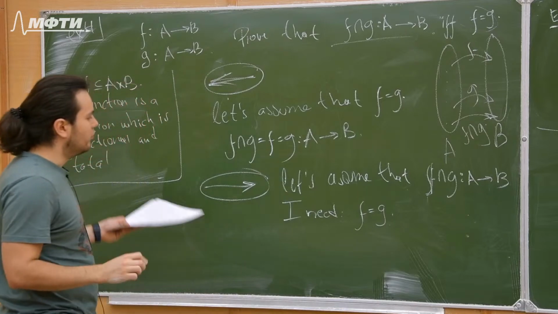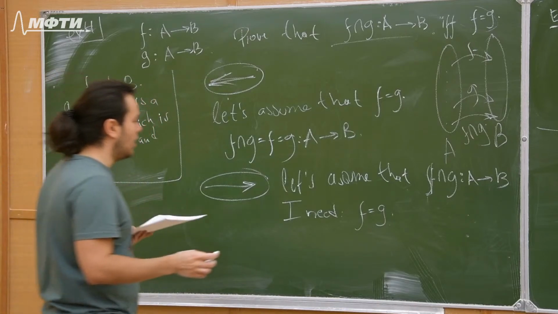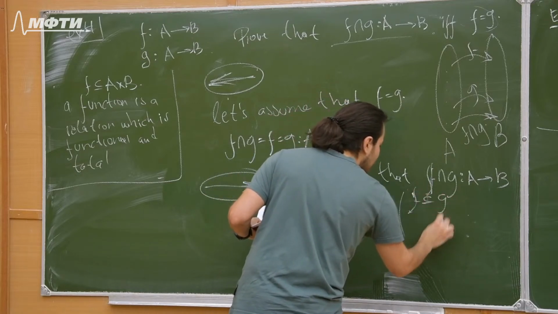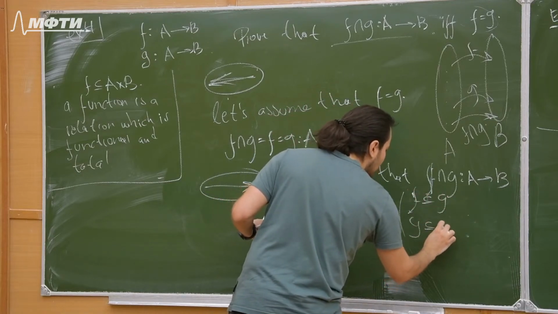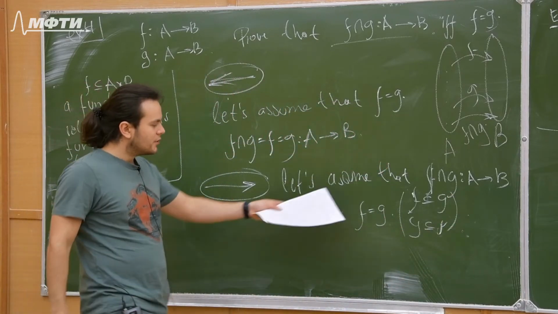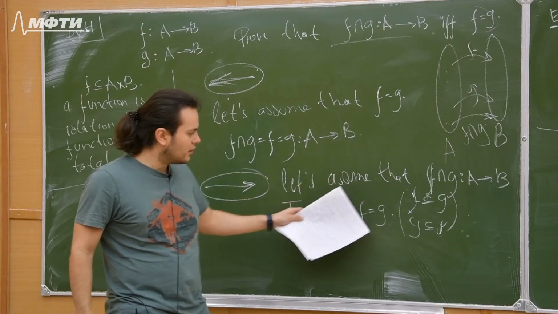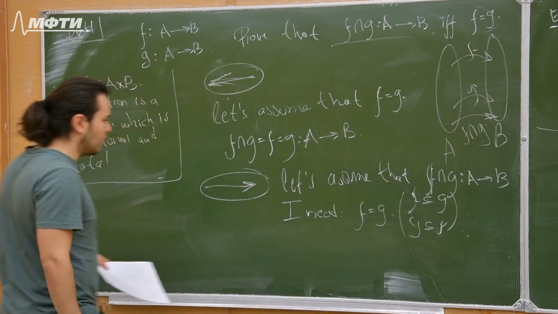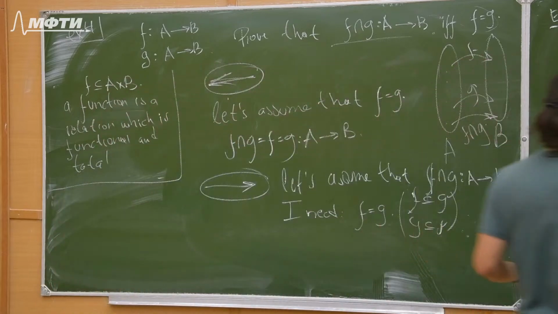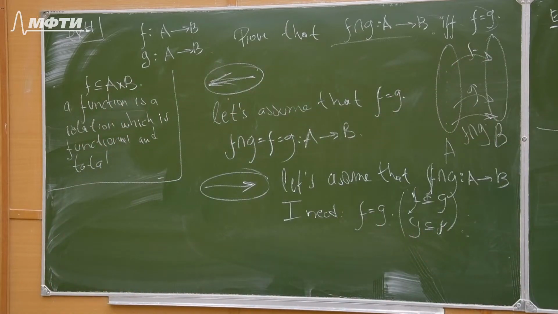And it means that I have to prove always that f is a subset of g and g is a subset of f. So if I achieved to prove this, it means that they are equal. So let me try to prove it, and let me do it here on these boards.